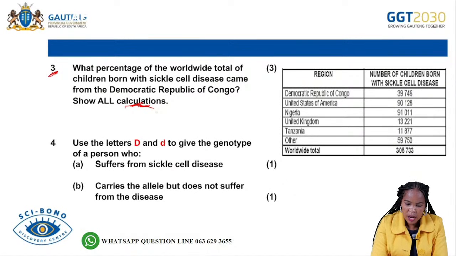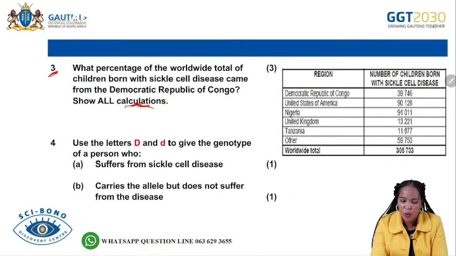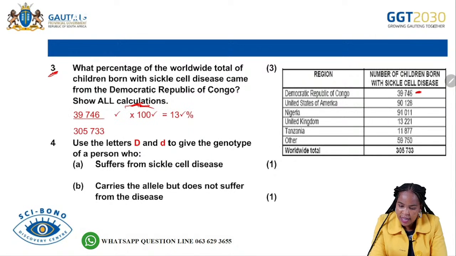Right. So what percentage of the worldwide total of children born with sickle cell disease came from the Democratic Republic of Congo? So now you want to know, out of the total of the world, how much percentage does the Democratic Republic of Congo consist of. So you're going to take your 39,746, then you're going to divide it by the total.